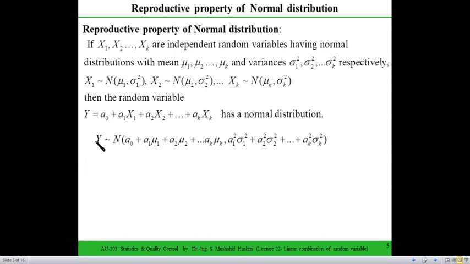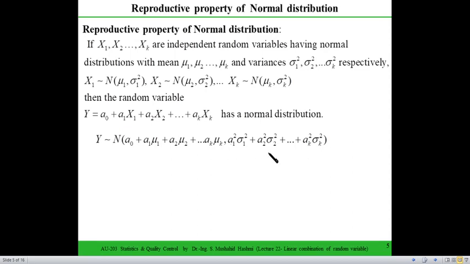So we can say that y would also be a random variable which is normally distributed with the mean which we have already evaluated earlier, a naught plus a1 times the expected value of x1, which is mu1, and so on. Similarly, the variance of x1 is sigma 1 square and the variance of x2 is sigma 2 square. So the resulting variable would also be normally distributed with mean value equal to this and the variance equal to this.